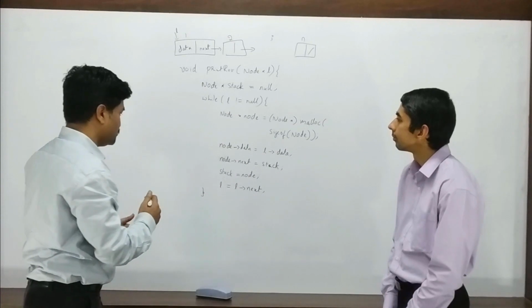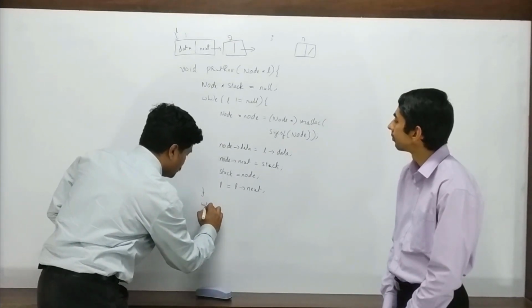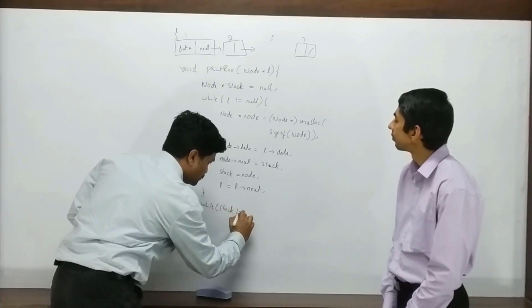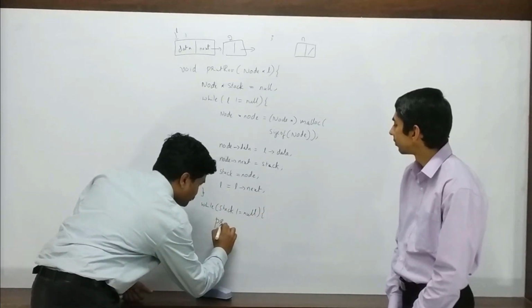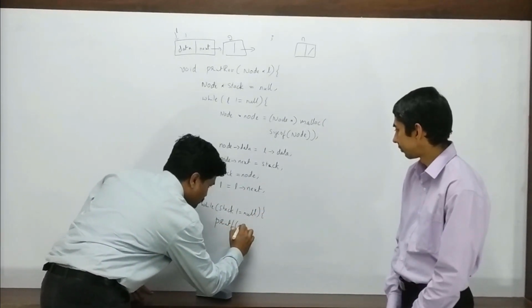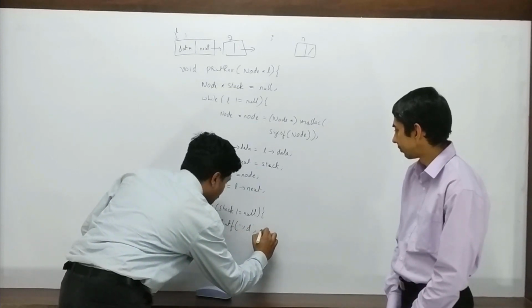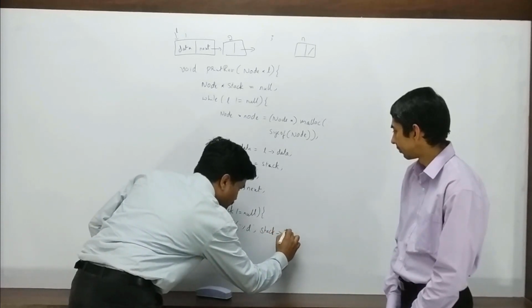And we're going to print it in a trivial way. So what we can do is while stack is not null, printf percent d, and now printing stack data.